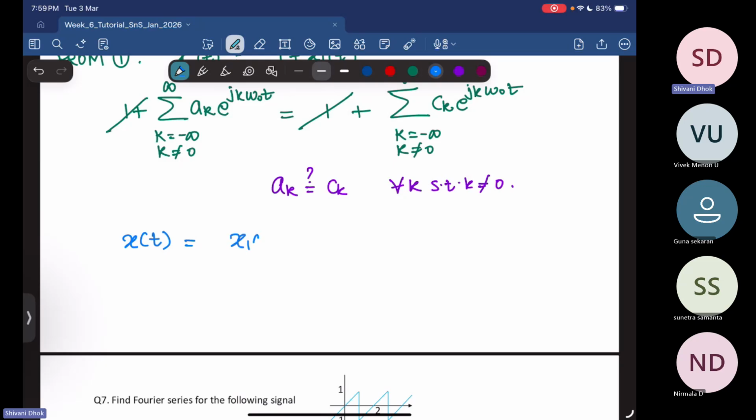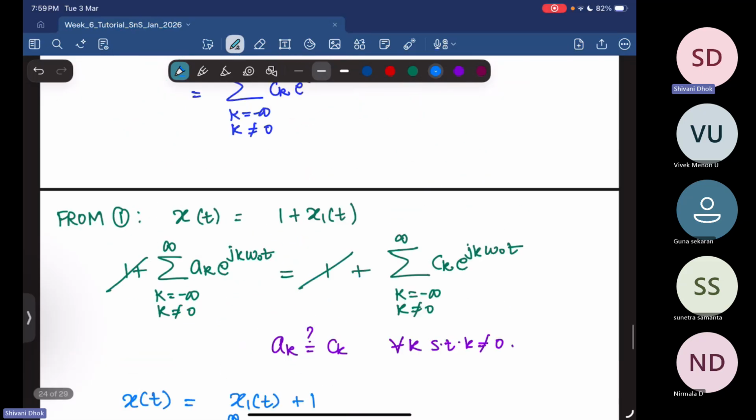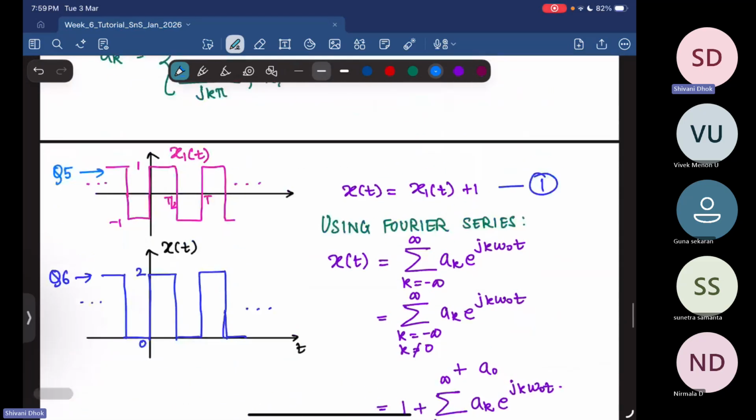as x1 of t plus 1, and we know that this is equal to summation k running from minus infinity to infinity, k not equal to 0, ck e power j k omega naught t, plus 1. Okay, so this 1 is basically shifting this signal upwards by 1 unit. So if you do plus 1, you get this particular signal.